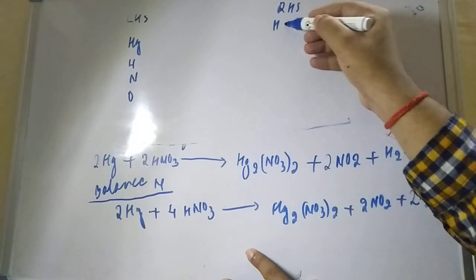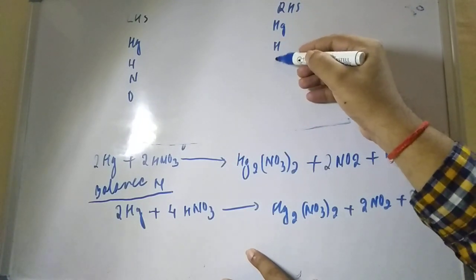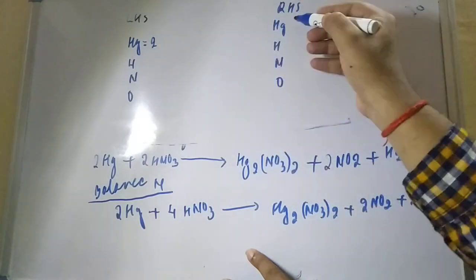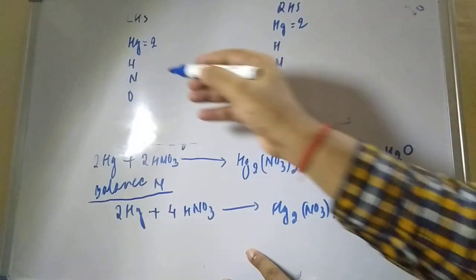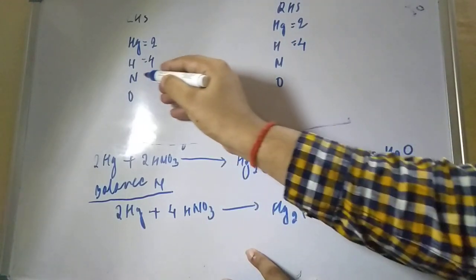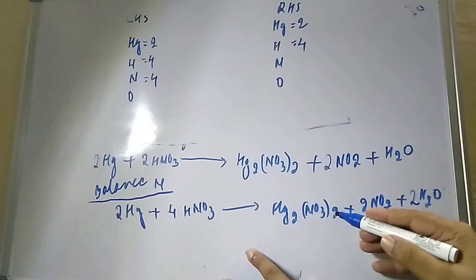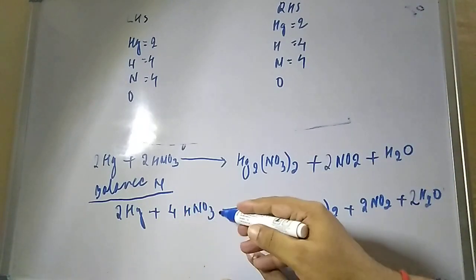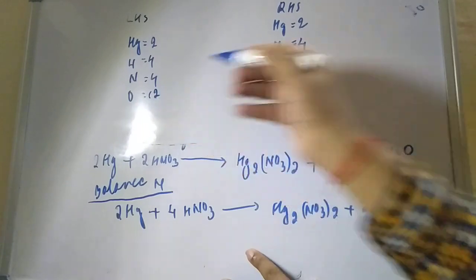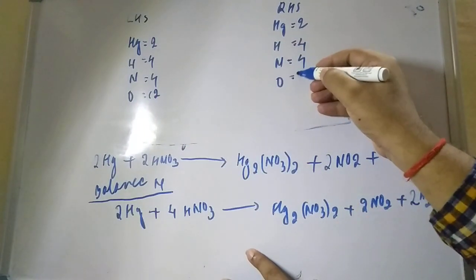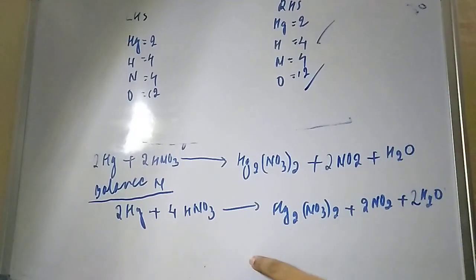Here is also Hg, hydrogen, nitrogen, oxygen. Hg equals 2, here also 2. Hydrogen is 4, here is 4. Nitrogen is 4 on this side, and this side 2 plus 2 is 4. Oxygen is 4 times 3 is 12, this side 12, students. On this side 3 times 2 is 6, 6 plus 4 is 10 plus 2, that is 12. So this equation is also a balanced equation.